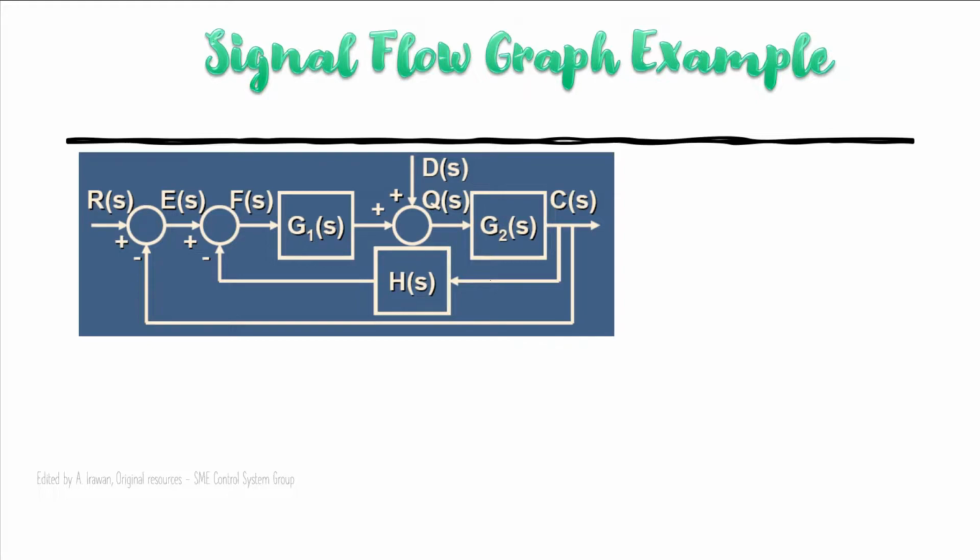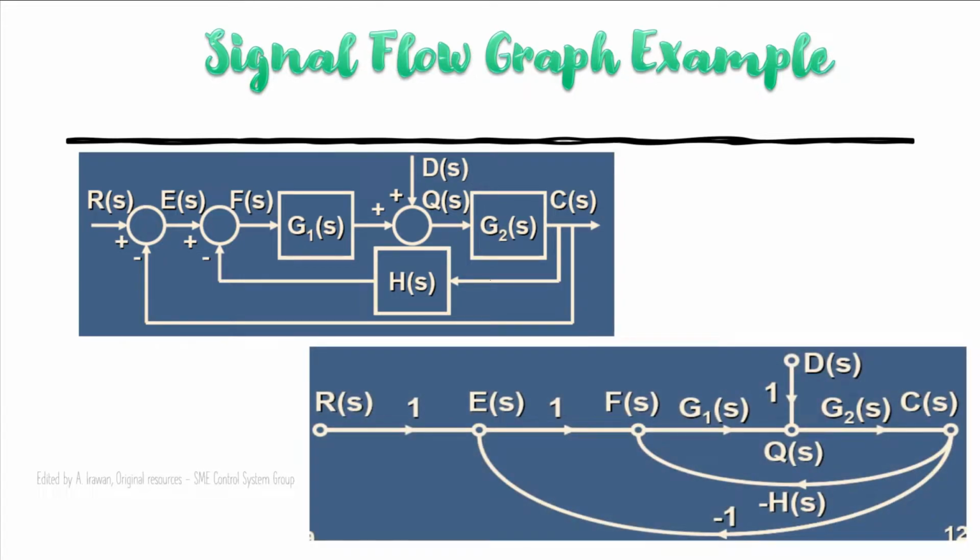For a complex block diagram like this, we have multiple loops, more than one loop. The same thing, we need to identify first where the input is and where the output is. The input will be one node and the output is one node.